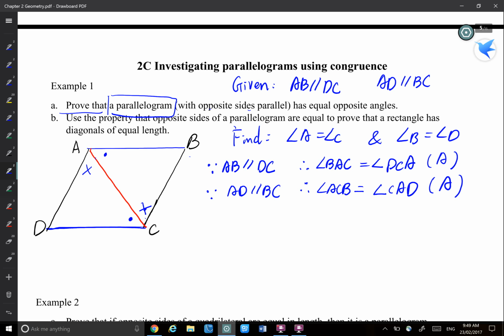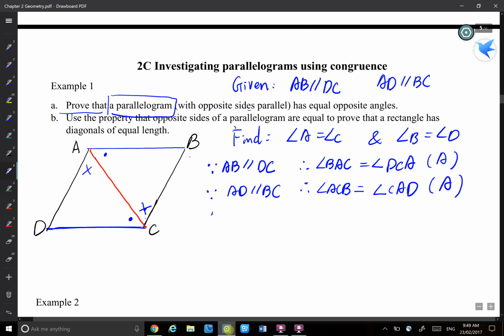Also AC equals CA because that's the common length.